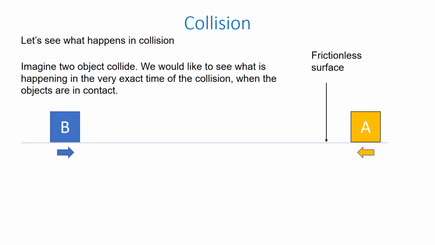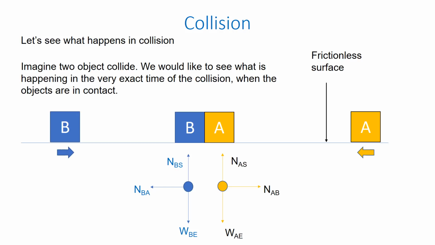So we have the two blocks that are on a frictionless surface, of course. They're going to come together. And at the moment that they touch, we have two free body diagrams. Notice that we have them labeled properly.